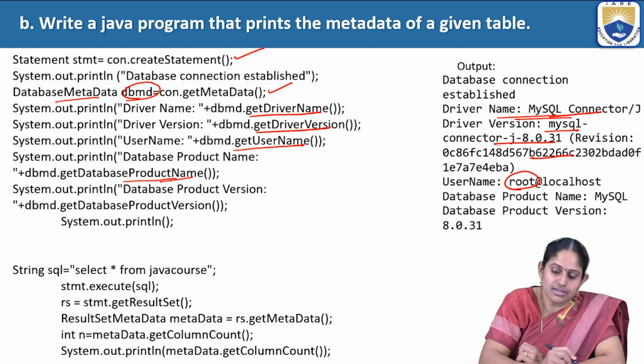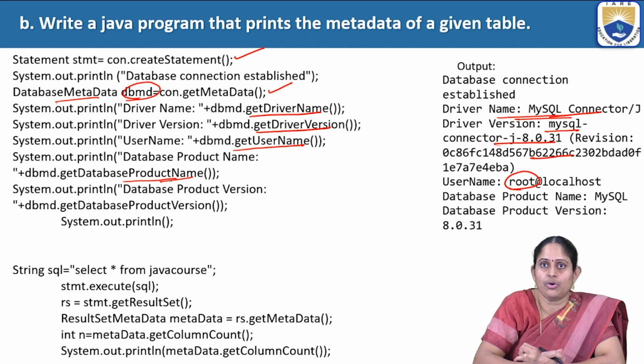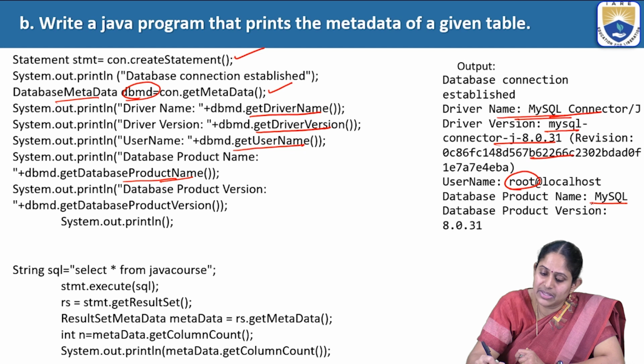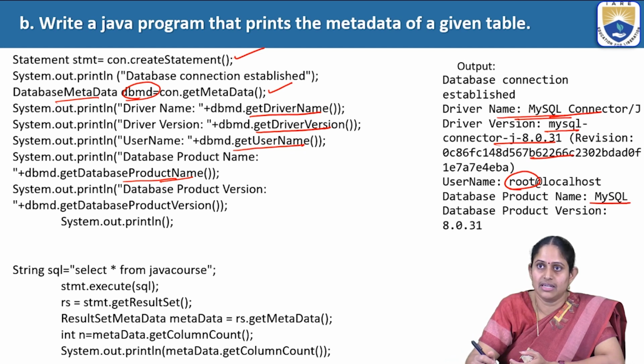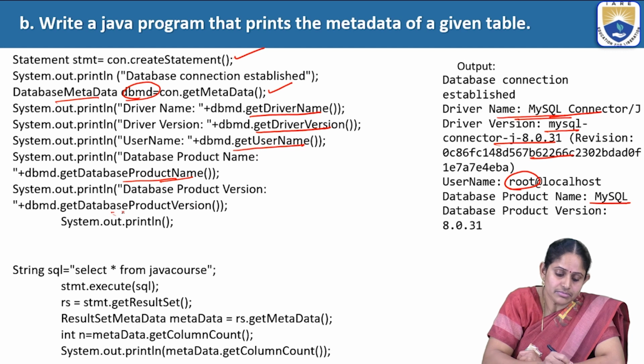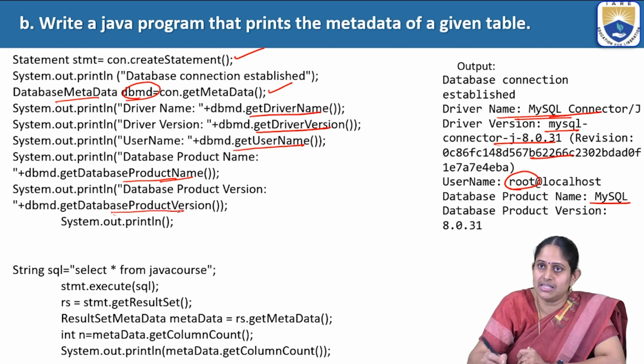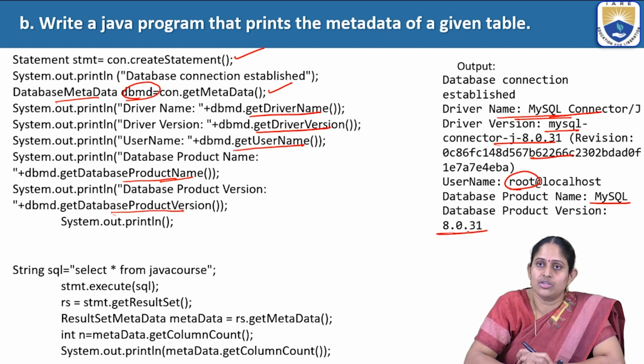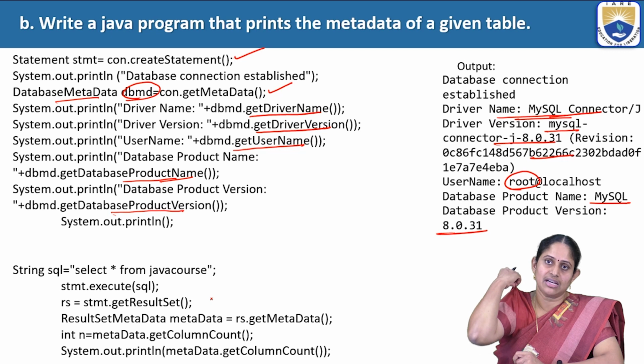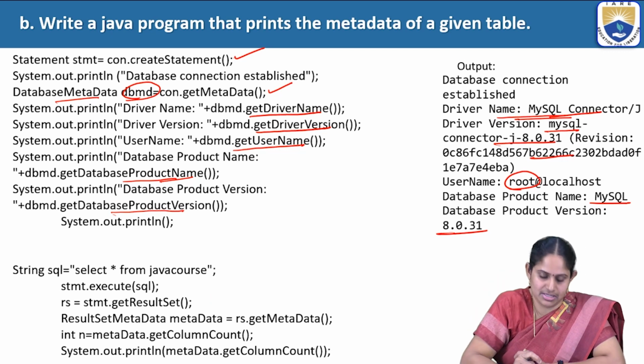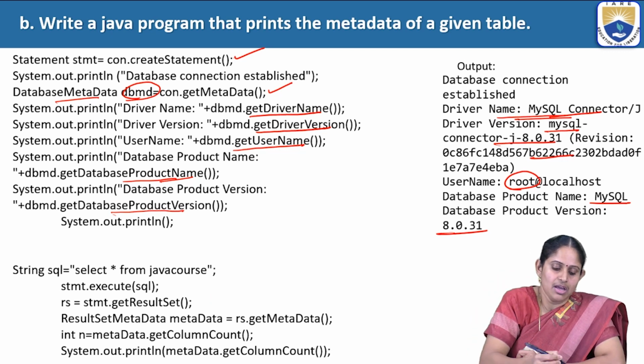Then to get the database product name, which database we are using, it will return MySQL, since I am using the MySQL database. The version of the database is returned by getDatabaseProductVersion. That will return 8.0.31, which is the current version of MySQL being used.